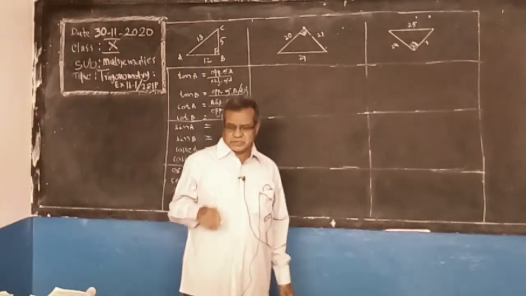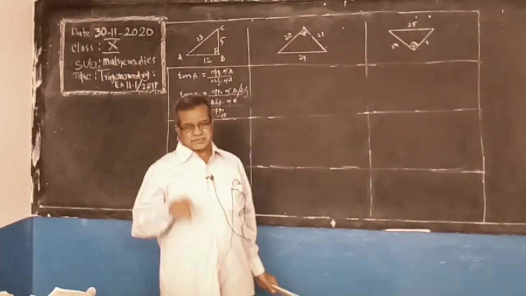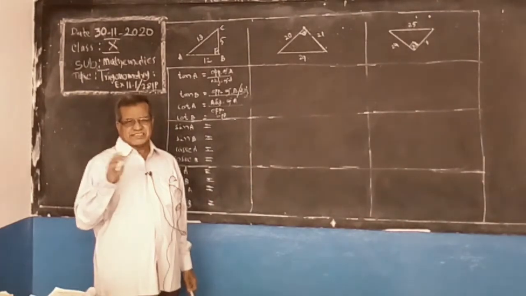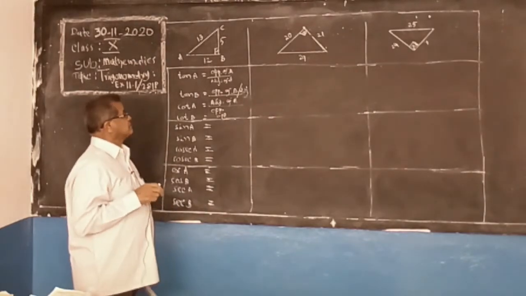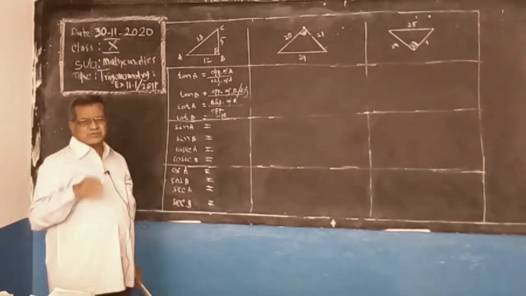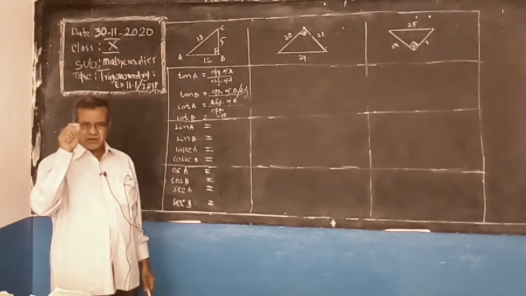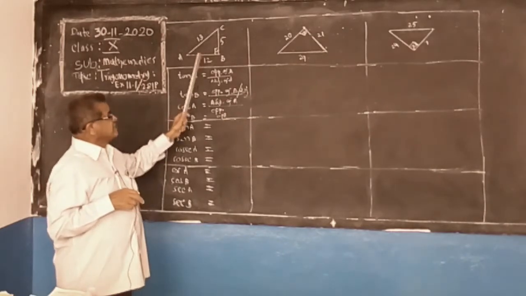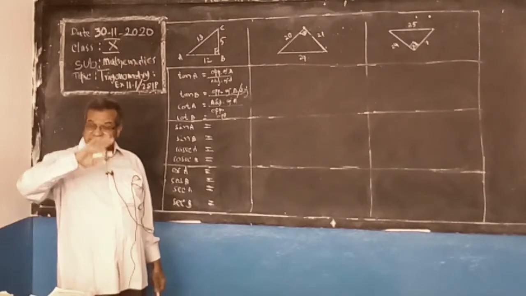The trigonometrical ratios are sine theta, cosine theta, tangent theta, cotangent theta, secant theta, cosecant theta. There are 6 ratios. I already explained why there are only 6: because in the triangle there are 3 sides, and 3 sides can be arranged in 6 ratios.